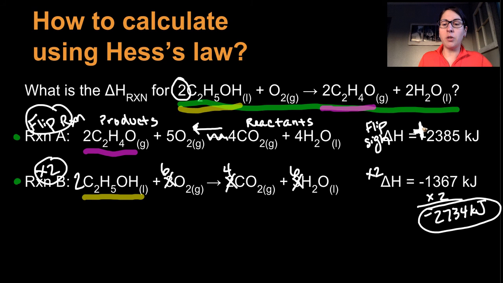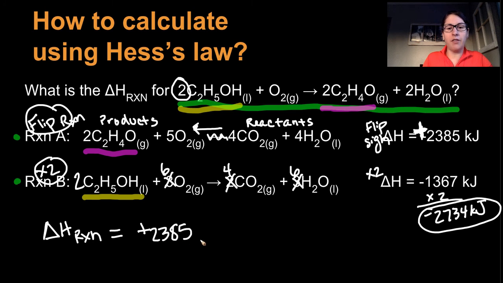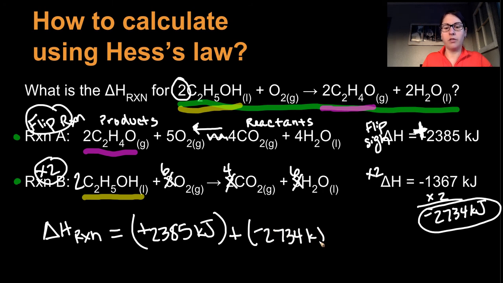So what I want to do is add my two delta H's in order to find my heat of reaction. So delta H of my reaction is going to be equal to the positive 2,385 kilojoules plus our negative 2,734 kilojoules.